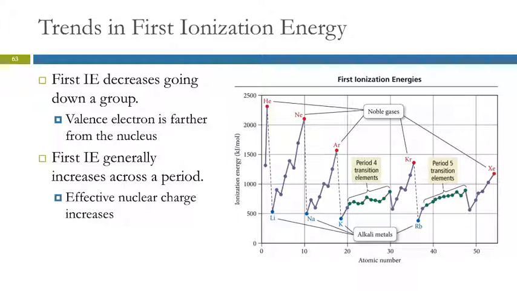Helium's valence electrons are in n equals 1, neon is n equals 2, argon is 3, then 4, and 5. Xenon's electron that's being removed is in the 5th principal level. That's farther from the nucleus than for helium. When something is farther away from the attractive charge, it's easier to remove. So that's why it's easier to take an electron from xenon.